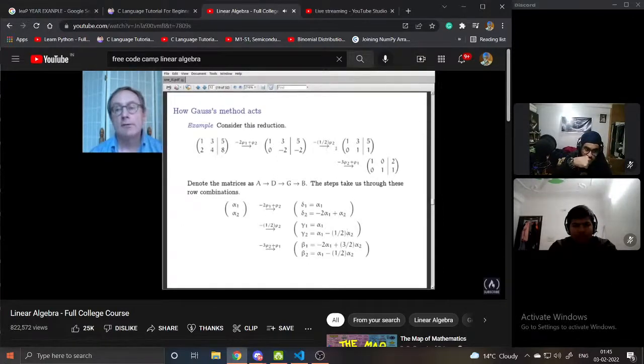And last, I went from this matrix here to this matrix here with some kind of Gauss's method combination step. Minus 3 row 2 plus row 1, and now you see it happening. This is the matrix B. So row 1 of the matrix B and row 2 of the matrix B. Row 2 of the matrix B is the same as row 2 of the matrix G, because that's how we proceed. We leave the acting row unchanged, and the acted on row is the one that gets changed. So I took minus 3 row 2 plus row 1. Minus 3 times alpha 1 added to alpha 1 became minus 2 alpha 1.